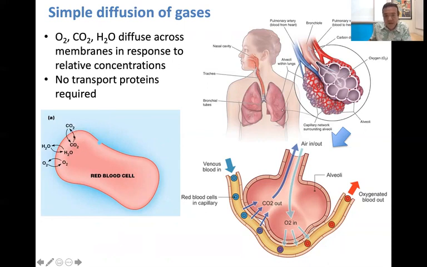So it's more a matter of the fact that gases diffuse very easily because they are neither hydrophobic nor hydrophilic. Right? So the diffusion of gases in and out of our red blood cells is the way that our red blood cells function.